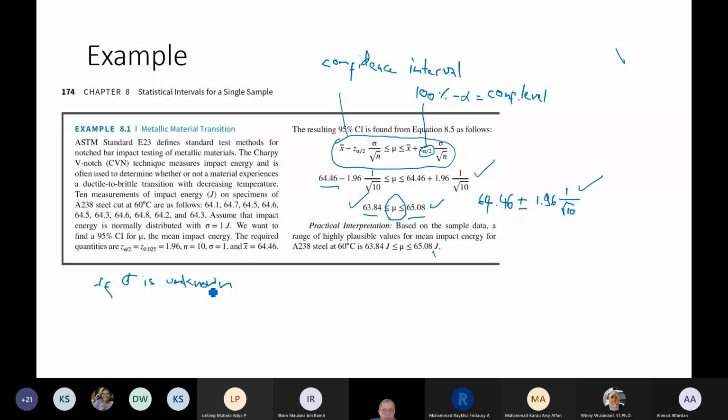In this case, we cannot use z distribution. We have to use t distribution because the sample size is small. n is only equal to 10.